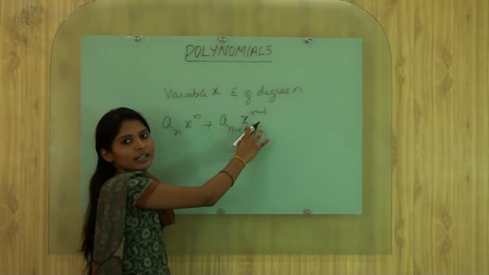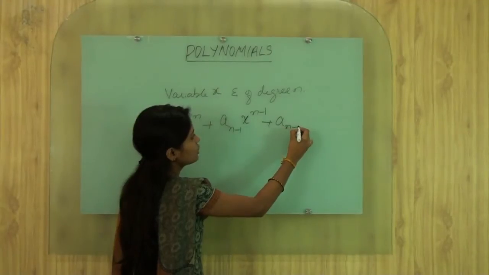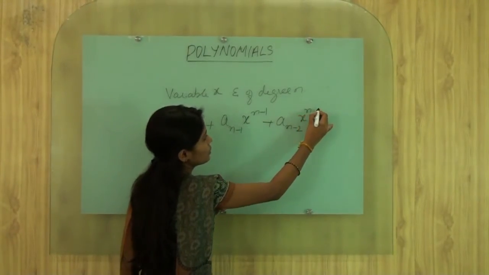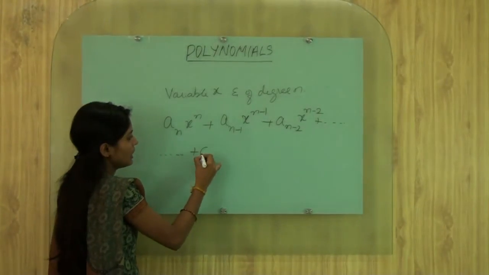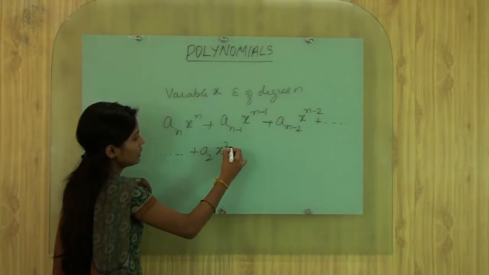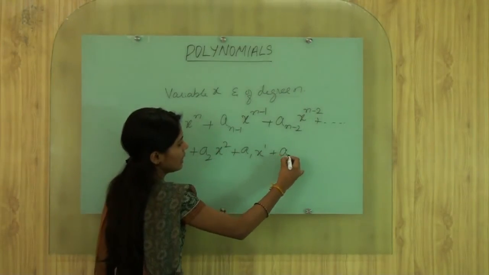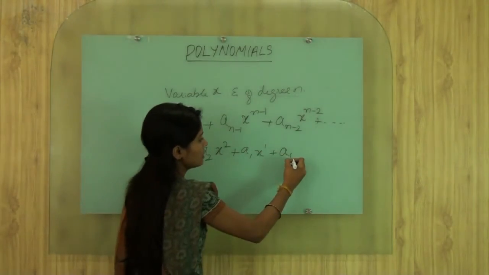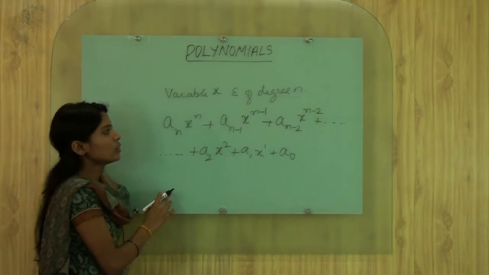Here the degree decreased by 1, plus a power n minus 2 x power n minus 2, plus so on, plus a2 x square plus a1 x plus a0. This is how we represent a polynomial.